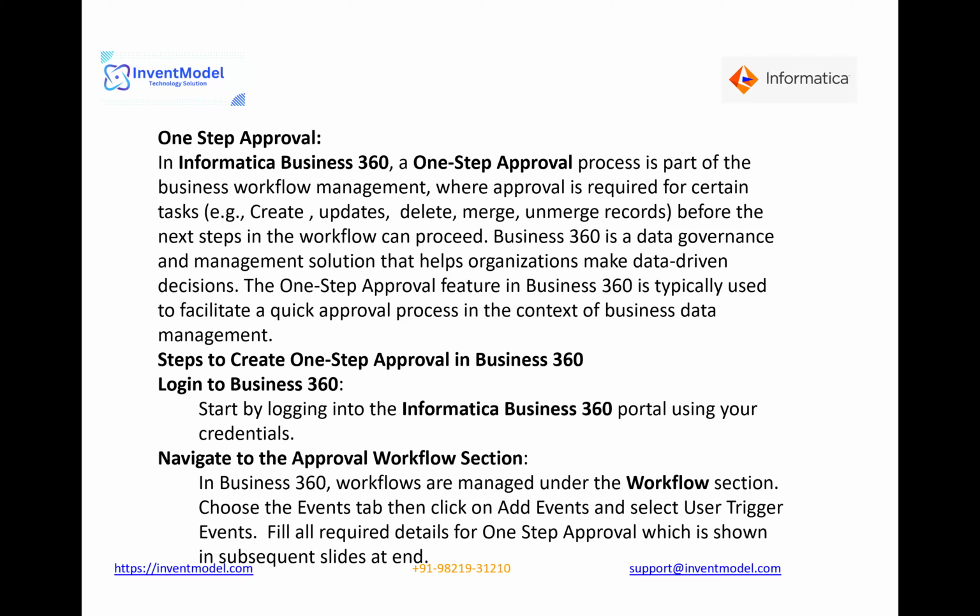Business 360 is a data governance and management solution that helps our organization make data-driven decisions. The one-step approval feature in Business 360 is typically used to facilitate a quick approval process in the context of business data management. So what are the steps to create a one-step approval?